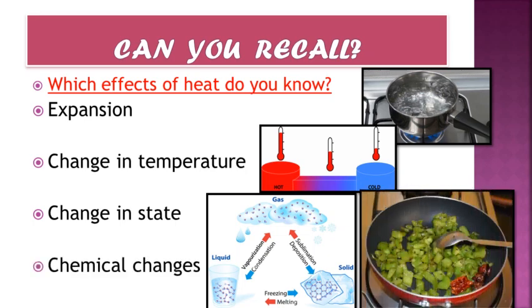Next is chemical changes. Since heat is a form of energy, it plays a major role in chemical changes. When you cook food, due to the heat provided to the food, the food particles become soft, and these are all chemical changes that take place due to the heat.